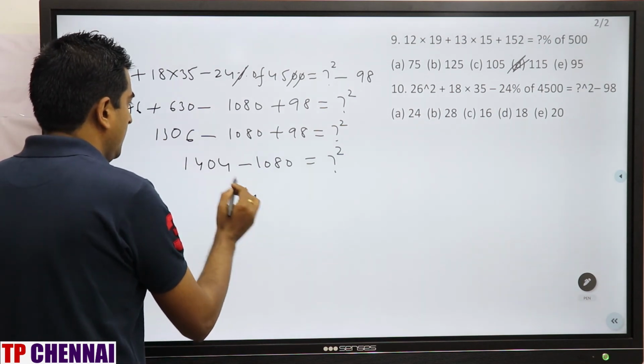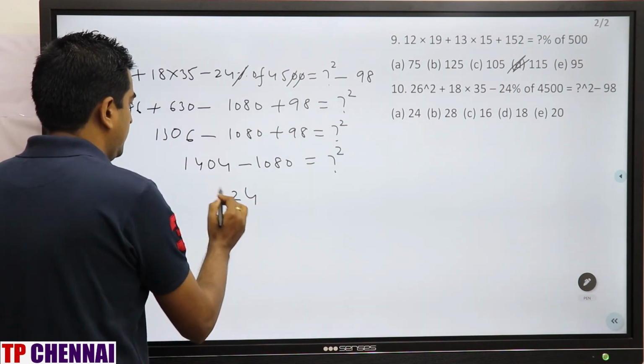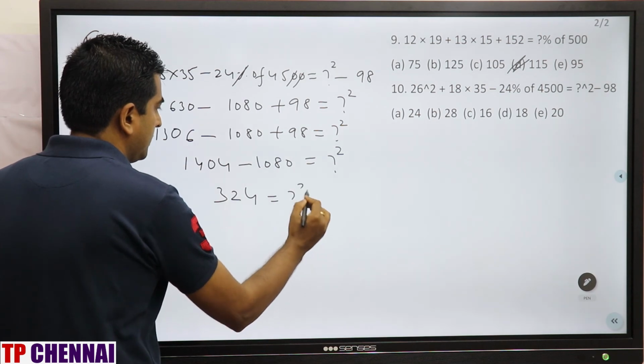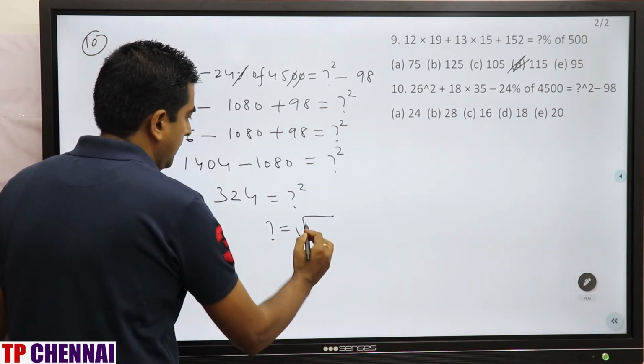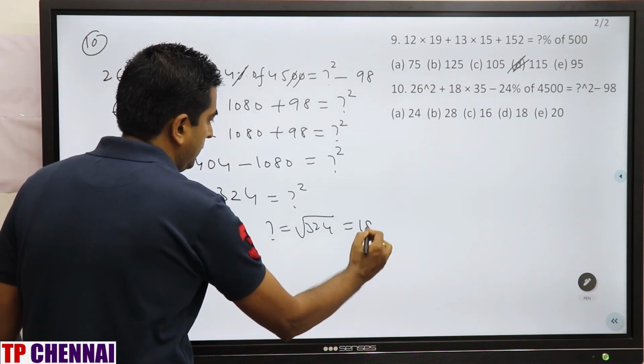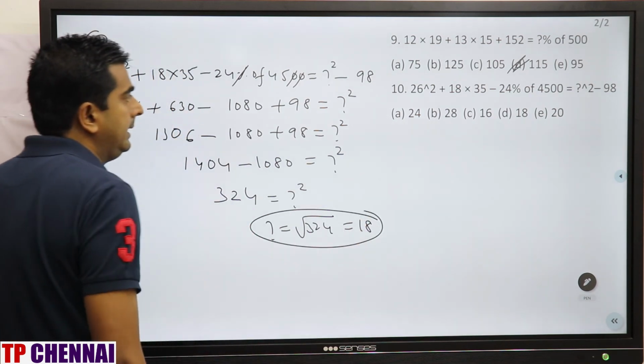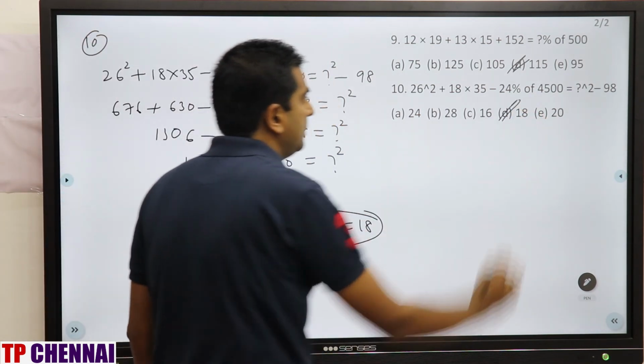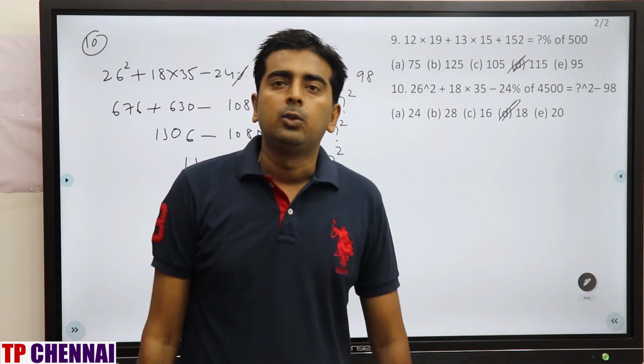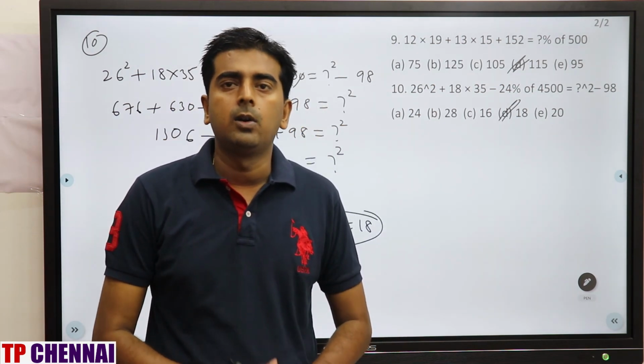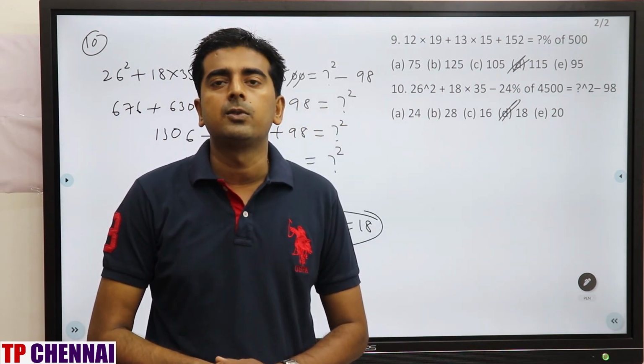Subtract, this is 324 is equal to question mark square. Question mark is equal to square root of 324, which is 18. So my answer is nothing but fourth option. So I hope you have got a clear idea about these 10 simplification questions.